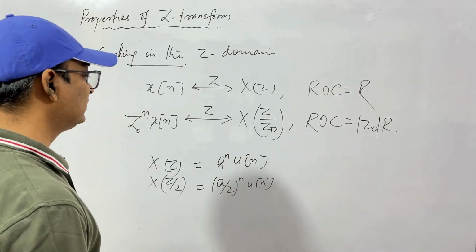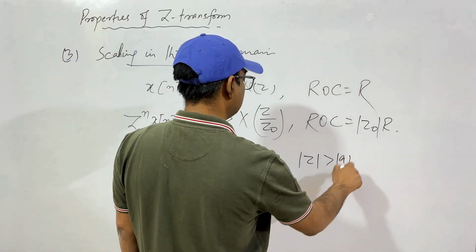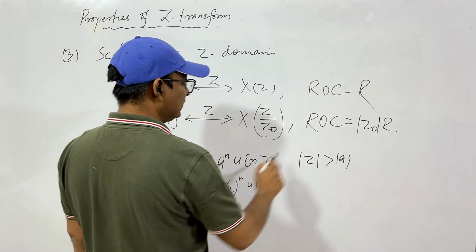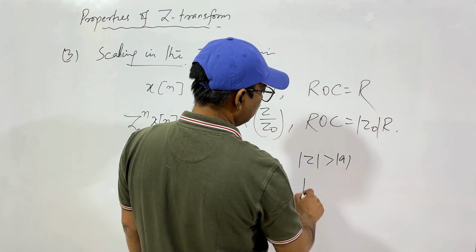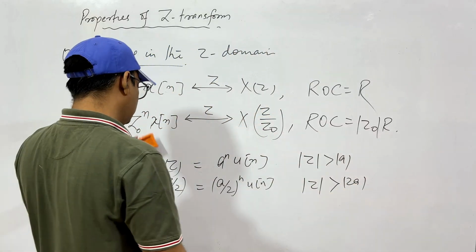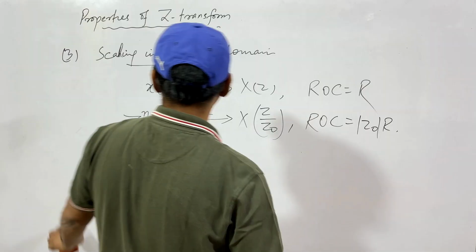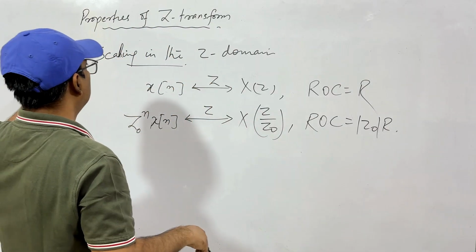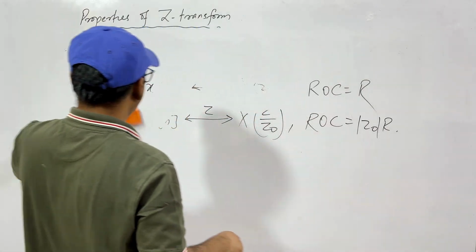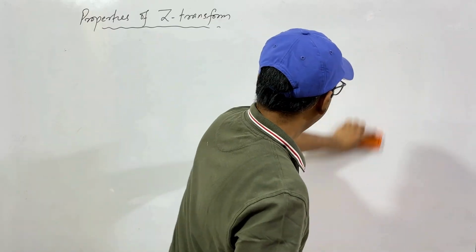Okay, and the region of convergence, for here we know the region of convergence is this. So for here you will have z0 into the original, so that is this into 2a. So this way these properties help you solve problems very fast. Instead of going through all the normal procedure, you can simply write the answer. So this was third property.